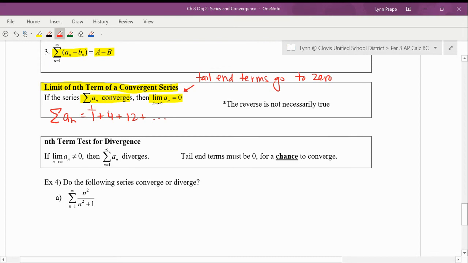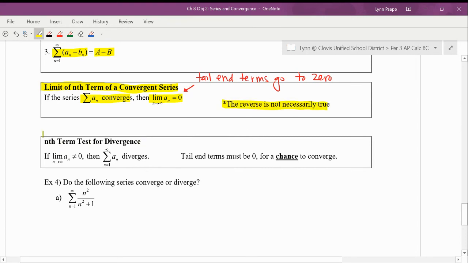However, if I had 1/1, 1/4, 1/12, then when I look at this, the bigger the denominator, the smaller the number. So I would say that the end terms are approaching 0. Okay, so sequence versus series, making sure that we're holding on to those thoughts. Okay, so the reverse is not necessarily true.